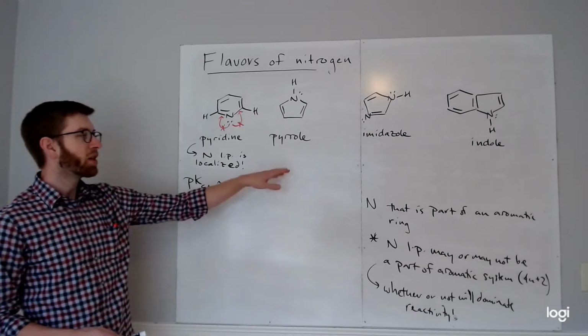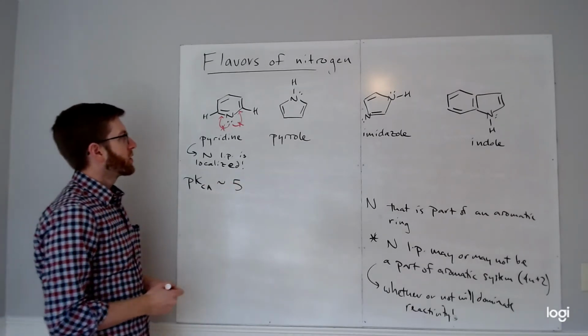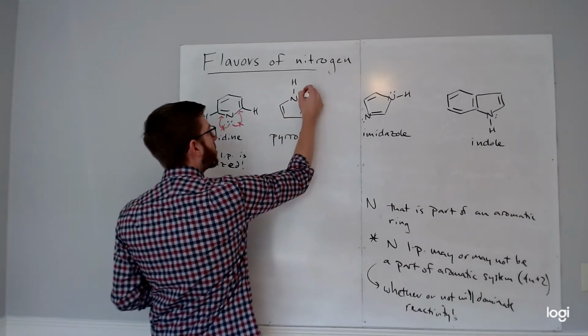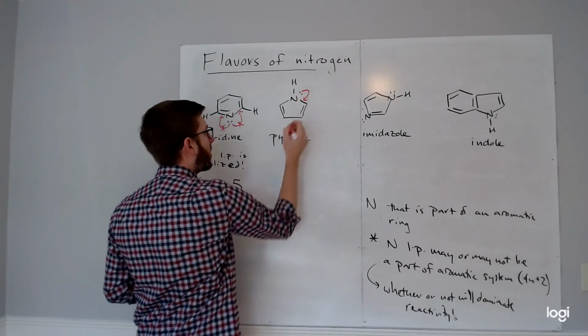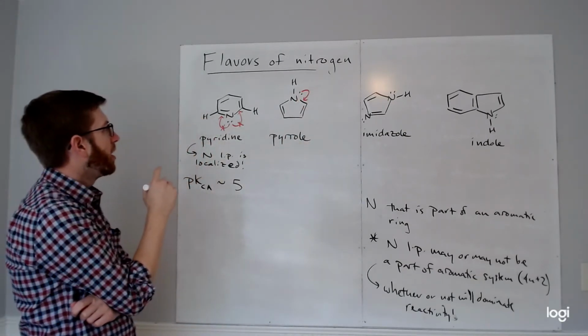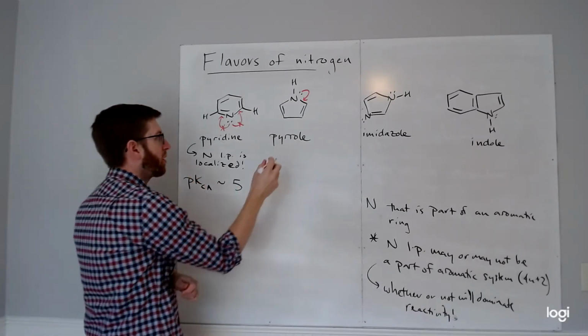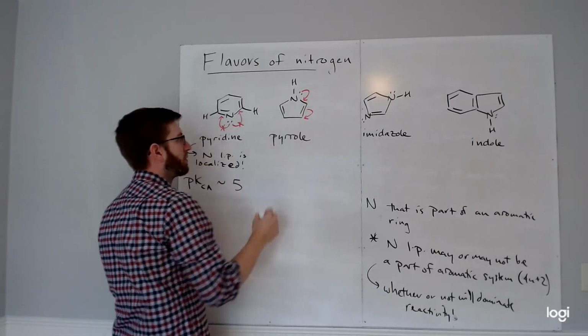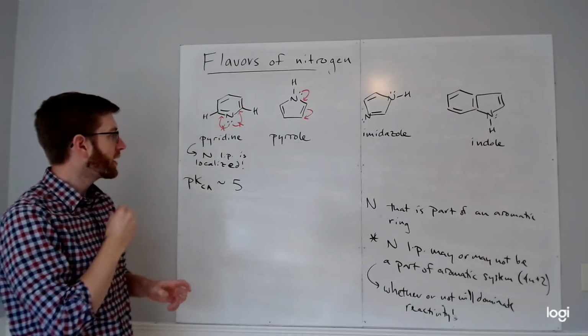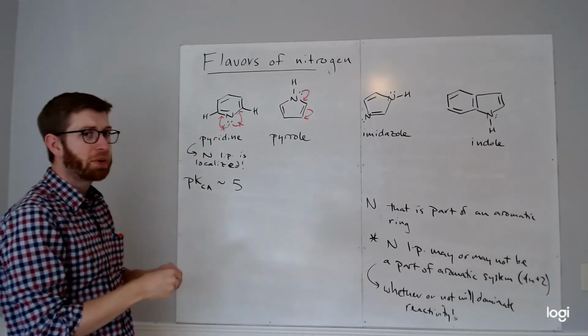Okay, so let's look at the pyrrole case. So I'm going to try the same thing. Can I donate the lone pair? All right, well, I could try to do that, but now I'm going to have 5 bonds, except I can keep going. So it looks like I can delocalize the nitrogen lone pair in pyrrole.